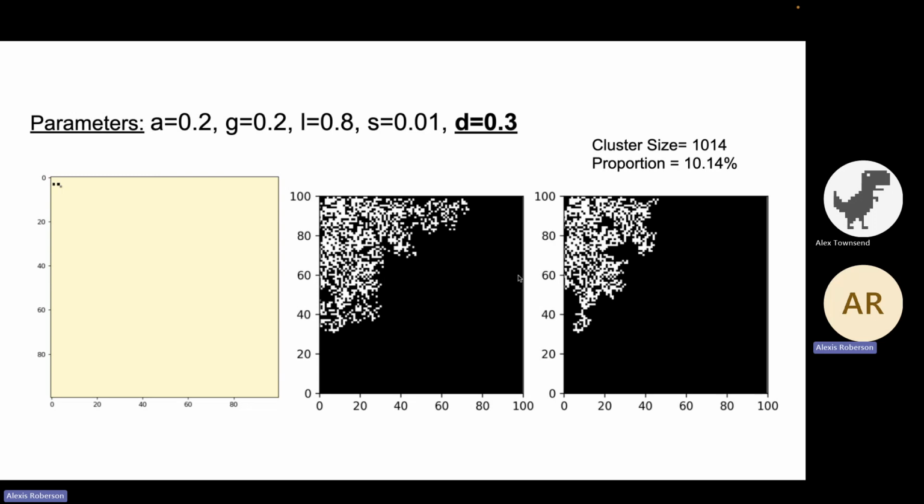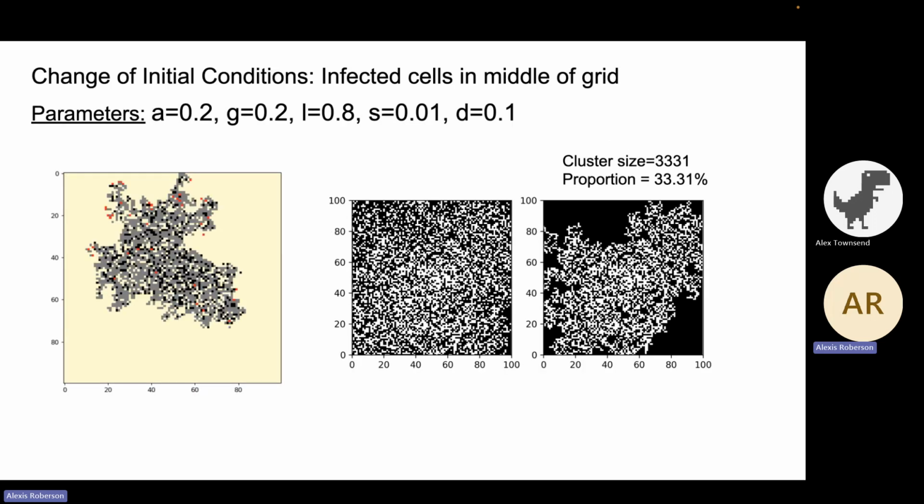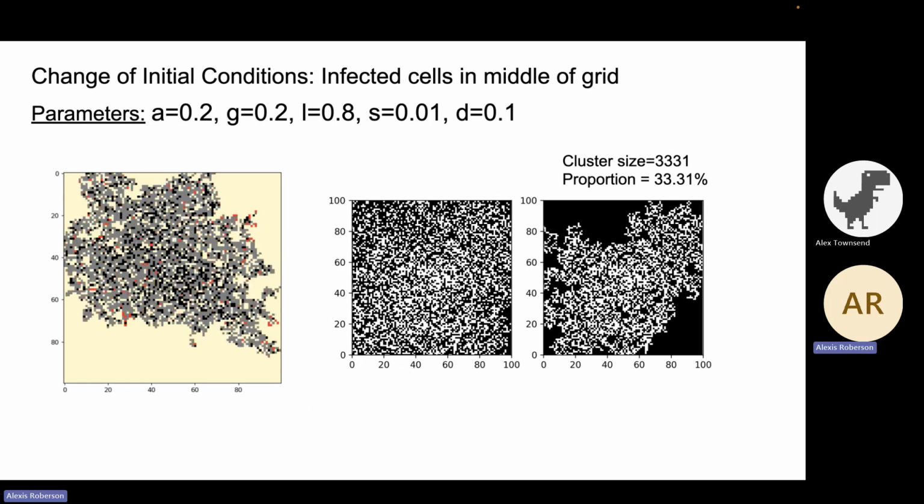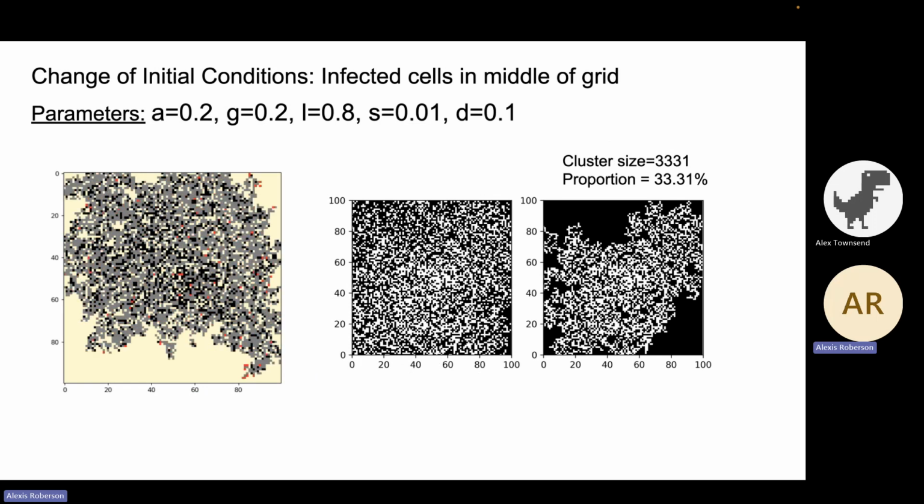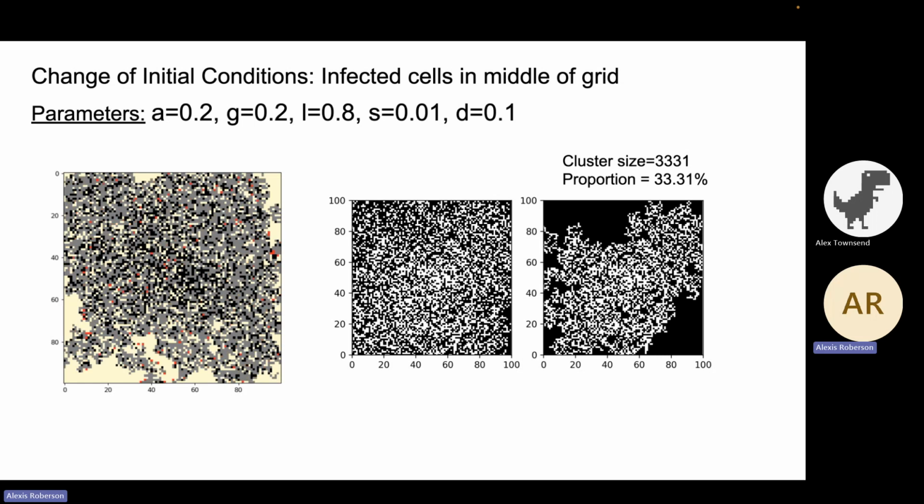Some insights this gave us were that upon changing parameters, we can get different sizes of dead cell clusters, as well as depending on where the infected cells start to go from latency into a more infectious state.